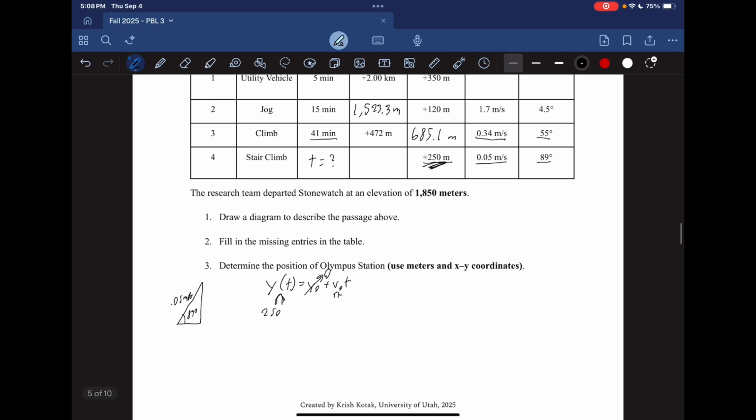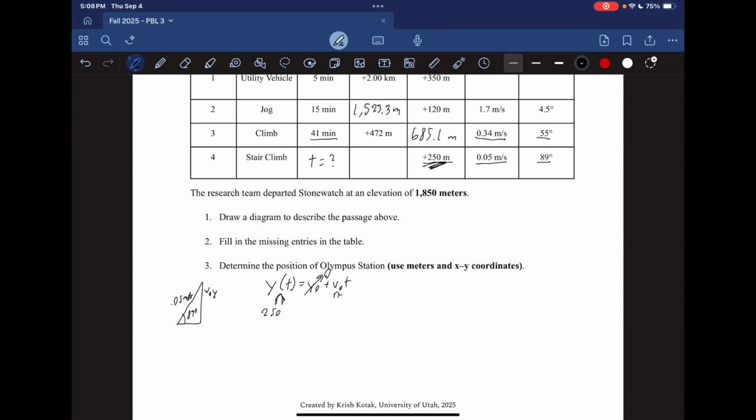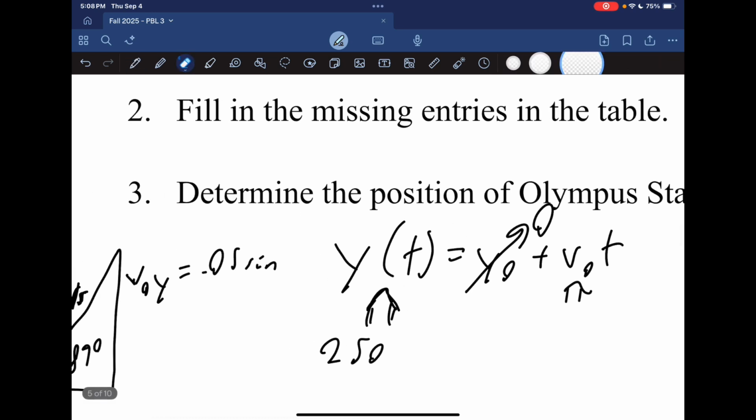So we still need v naught in the y direction. And this is just going to be, I'm going to call it v naught y, equal to 0.05 sine, zoom in a little. Actually, just going to move this.